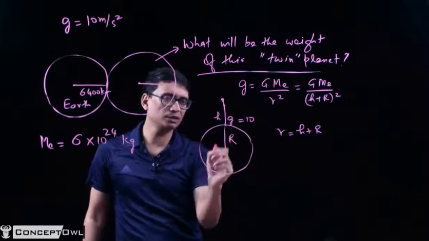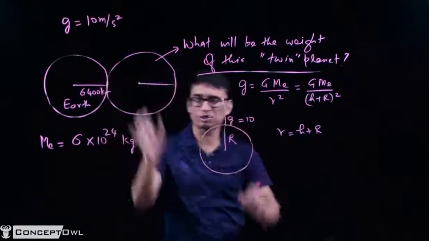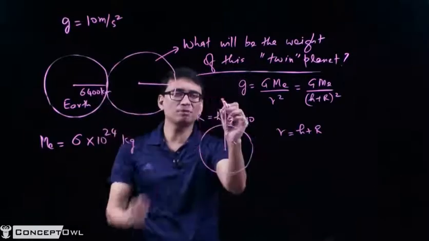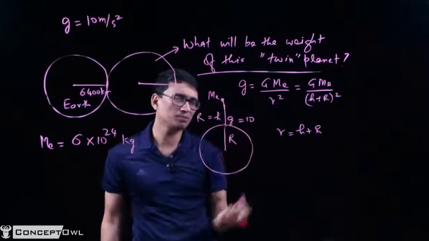When I take this whole thing, my h is equal to r for this situation, and this whole mass can be thought of here. So there is the mass of Earth at this point, which is distance r from here.